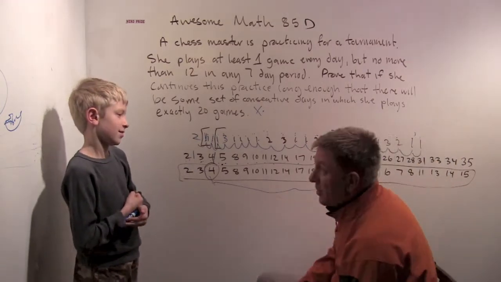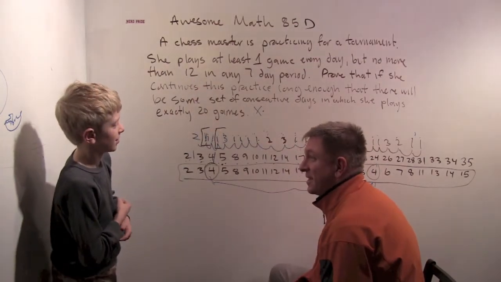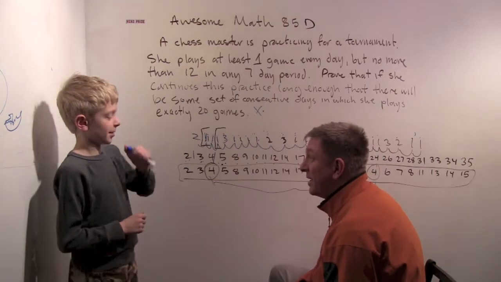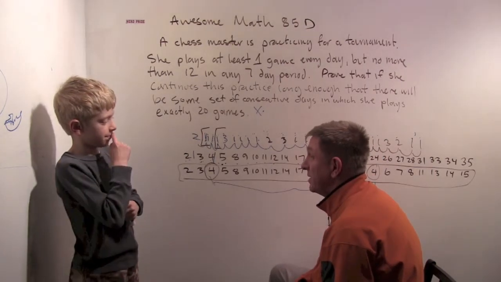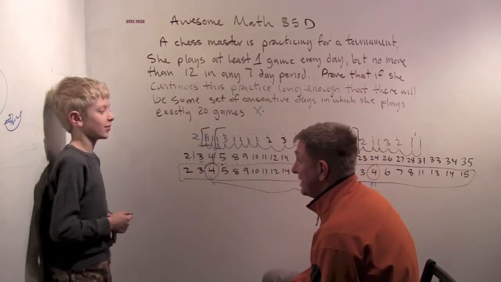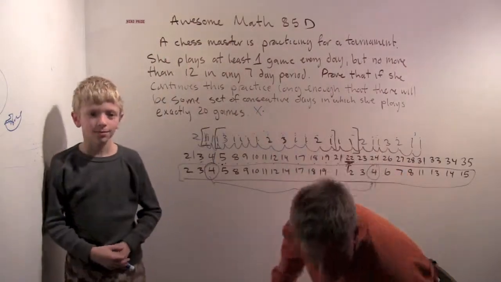We don't know it is 20, but we know it's a multiple of 20. But we also know it's less than 36. So what's it going to be? 20. It has to be 20. Pretty cool application of modular arithmetic, right? You wouldn't have thought this was a modular arithmetic problem, but it is. Pretty cool, right? All right. Good job this morning. Good job.